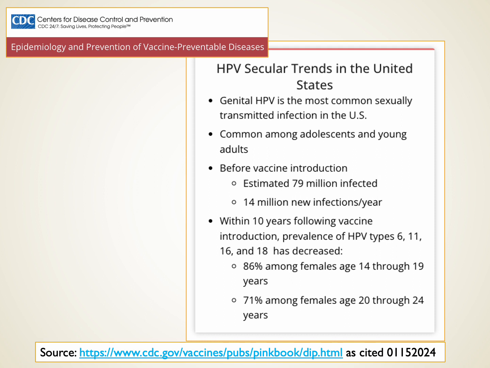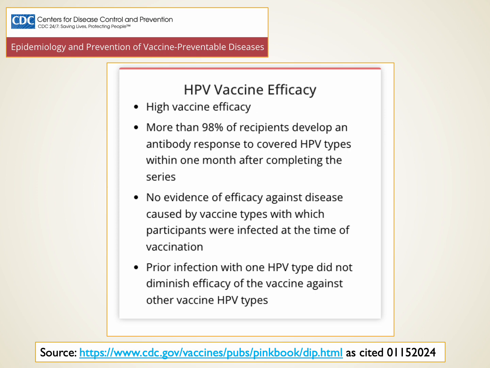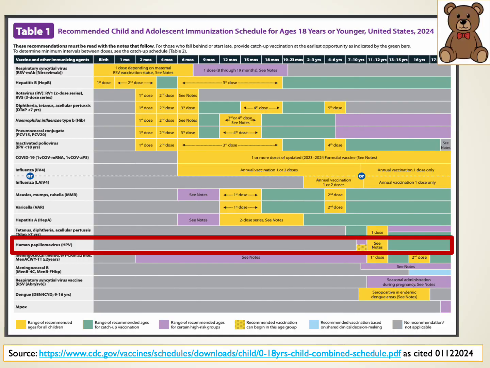It's quite common among adolescents and adults, and many people are asymptomatic, and yet it could still increase the risk for cancers, including cervical and regional cancers, wherever the site of contact was. The vaccine is highly effective and is recommended across the board in both pediatrics and in some adults. We'll look at the tables.